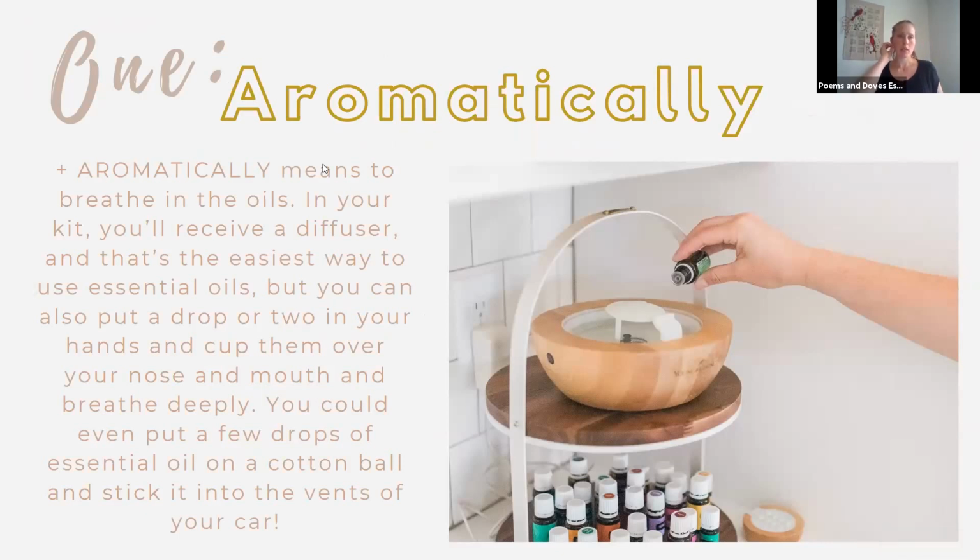So aromatically just means you breathe it in, usually through a diffuser. You add some drops of essential oil to a diffuser with some water, and it diffuses into the air, and you breathe it in that way. You can also just open a bottle and smell it, or if you have it on your hands, you can smell it that way and breathe in. But basically aromatically is breathing it in.